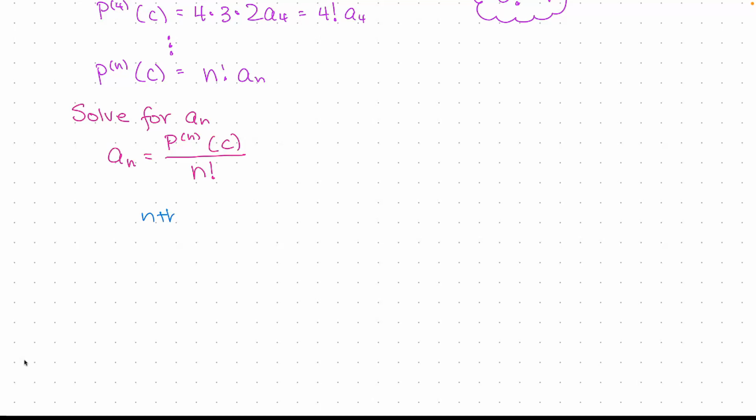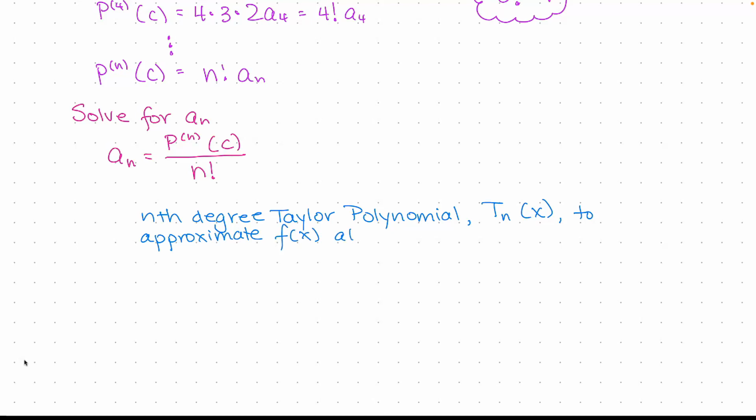But an nth degree Taylor polynomial, we'll say T sub n of x, that's the way of notating an nth degree Taylor polynomial, to approximate f of x at values close to x equals c is T sub n of x equals.